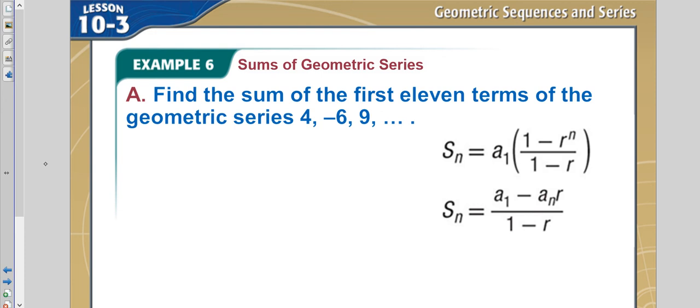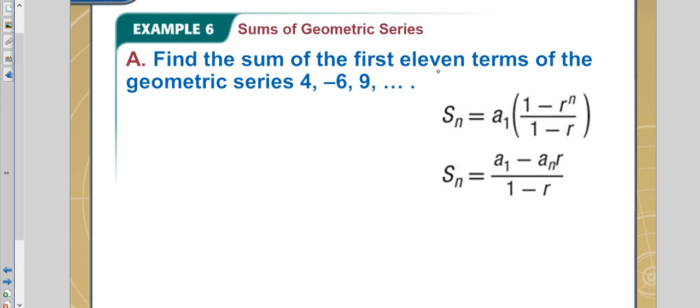So this problem says, find the sum of the first 11 terms for the sequence here. Well, we don't know the last term, but what I can state is that a sub 1 is 4. I do know the first term, which is important for both of these. And I can also state what the rate is, and I also know that n is 11.